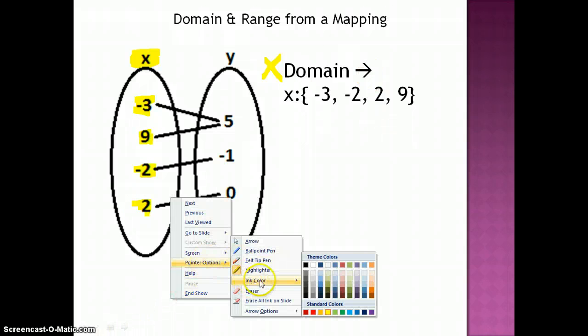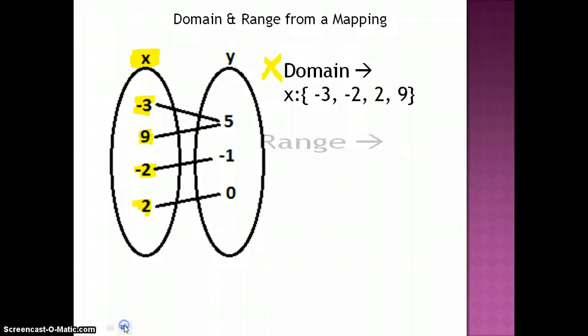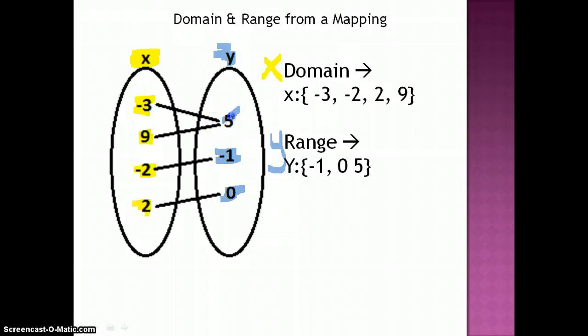So domain is my X. So my X values in this case are -3, -2, 2, and then 9. Again, we have to go from least to greatest. Then our range is our Y values. So in this case, it's going to be -1, 0, and then 5.